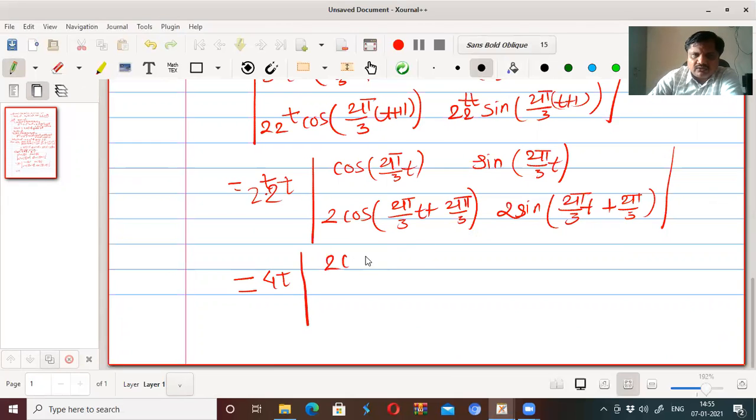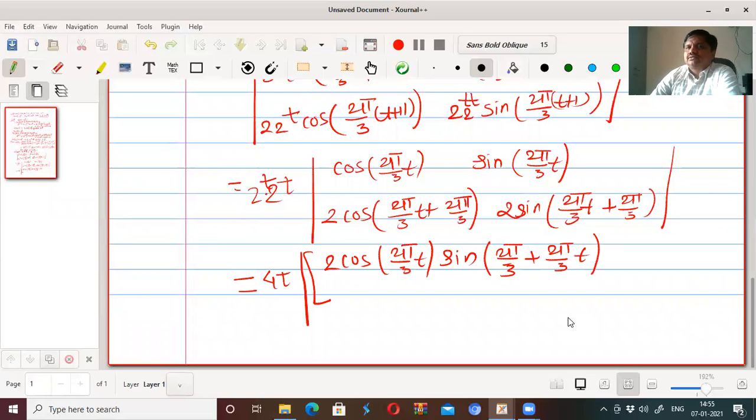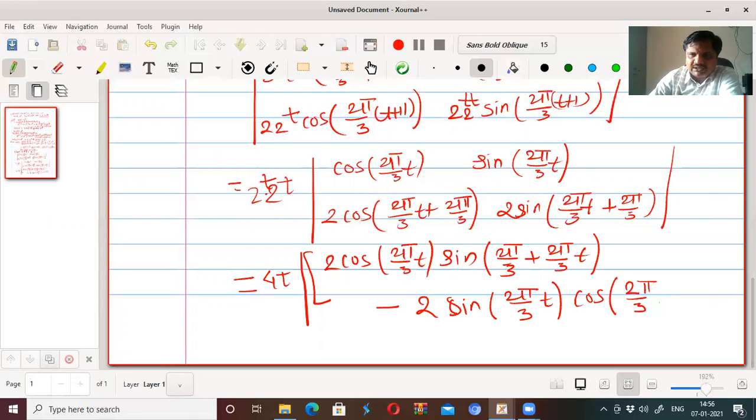So you will get here 2 into cos of 2 pi by 3t into sine of 2 pi by 3 plus 2 pi by 3t minus 2 times sine of 2 pi by 3t into cos of 2 pi by 3 plus 2 pi by 3t. Bracket is closed.